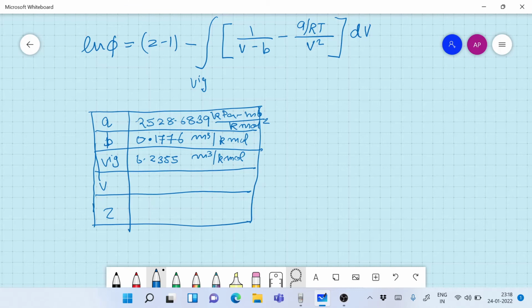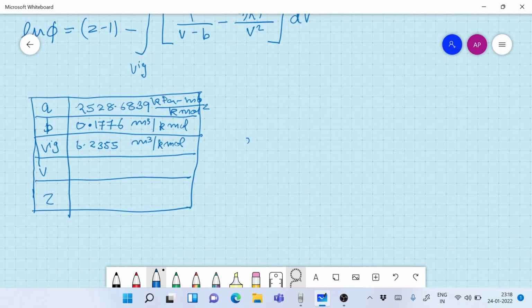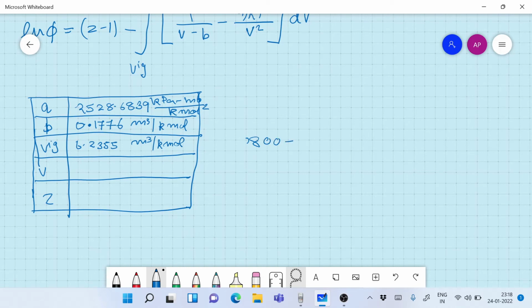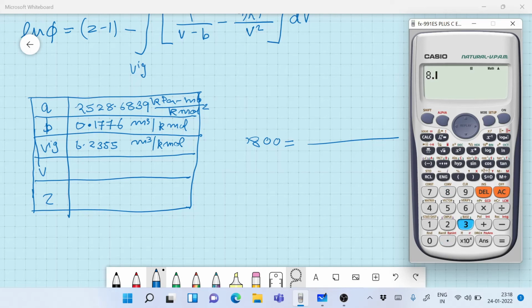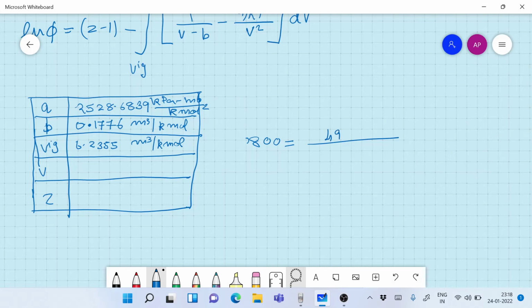In numerical terms, the van der Waals equation can be written very simply as 800 is equal to RT, so RT is going to be 8.314 into 600, that's 4988.4, divided by V minus 0.1776, minus A, 2528.68 divided by V square. Now let's solve this on the calculator.